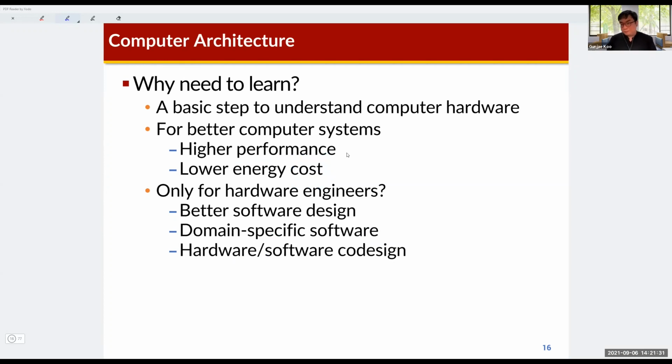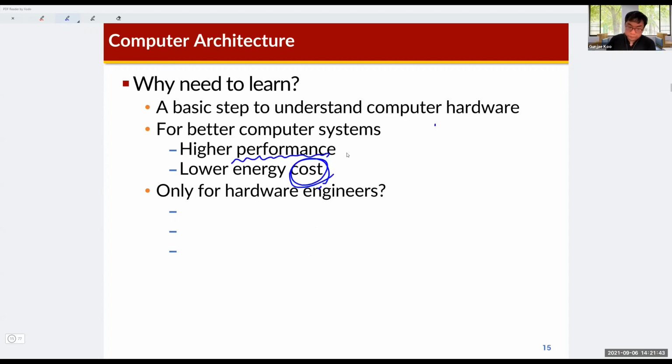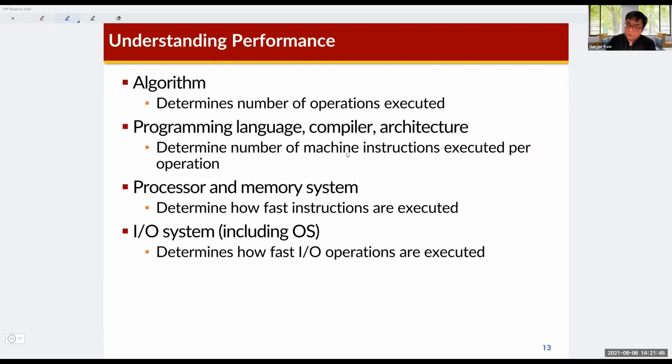This type of knowledge is also required for software engineers, not only hardware engineers. As I mentioned, all these factors decide the performance of a computer system. A computer system includes software and hardware.